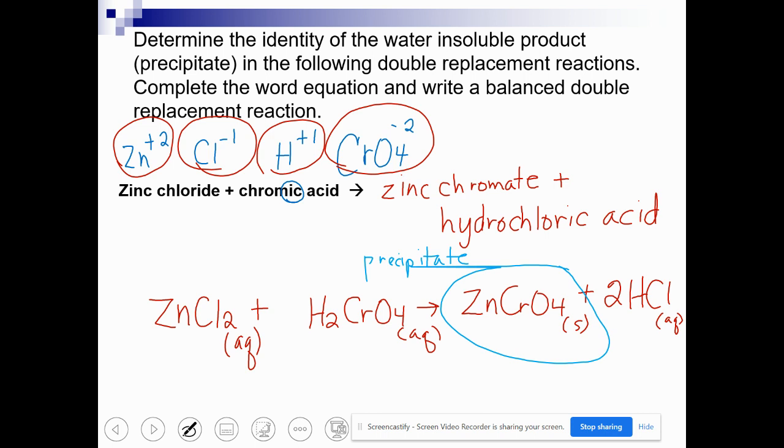Now, what if you put 2 ionic compounds together and no precipitate is formed? In that case, you don't write a balanced reaction for it because there really is no reaction.